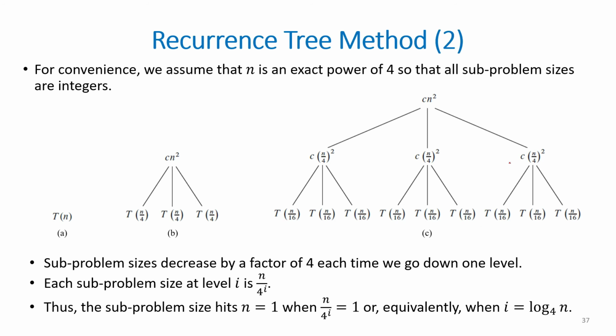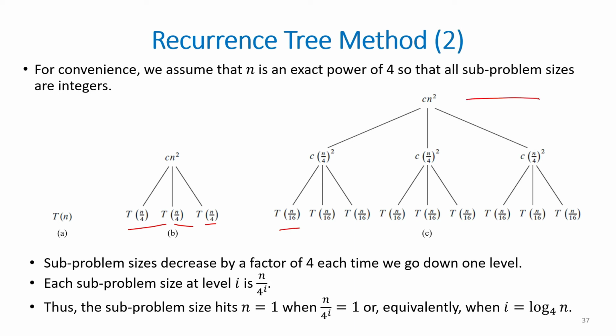Drawing the tree for the recurrence equation would look as such. Initially, we have T of n. When we divide it into smaller parts, we would have cn squared, which reduces in size by a factor of 4 in each level. So when you take it one level further, you would have n divided by 4 to the power 2.